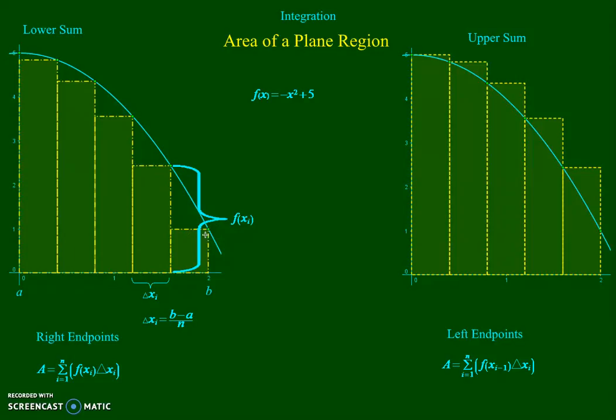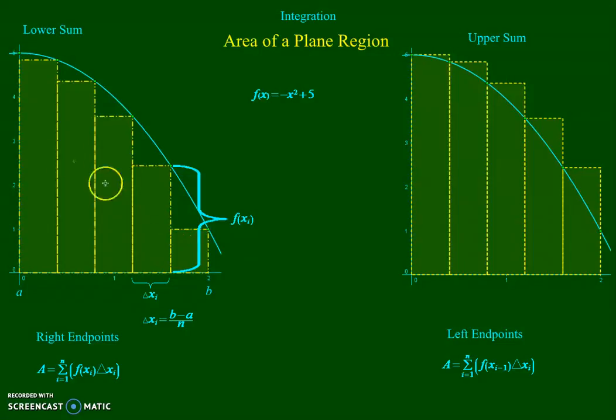Now, to start this idea, you can see that we can approximate the area by finding the area of multiple rectangles that are inscribed in this graph of this function. And by inscribed, I mean the rectangle is completely enclosed underneath the function itself.